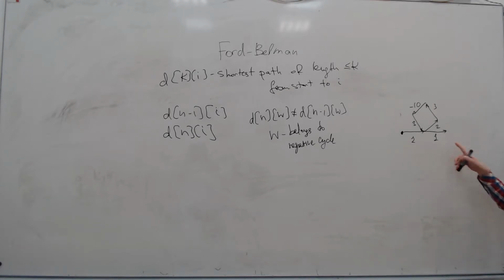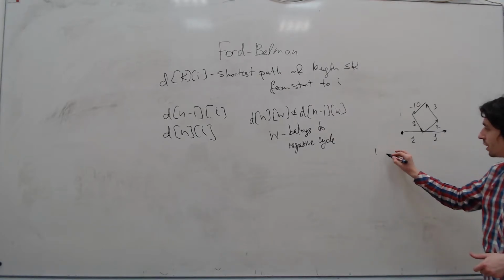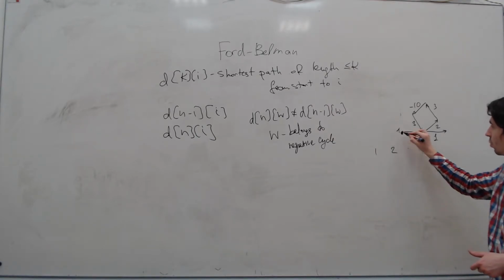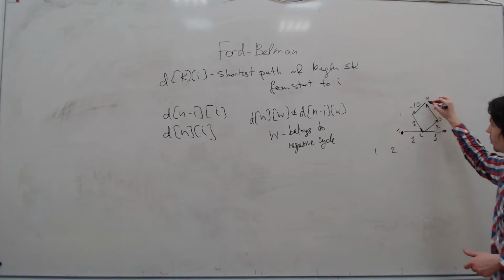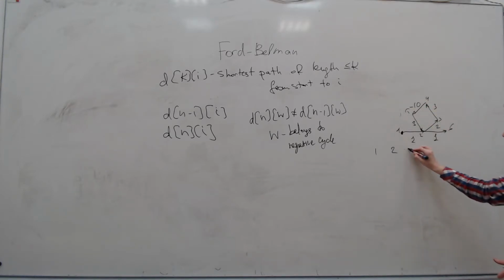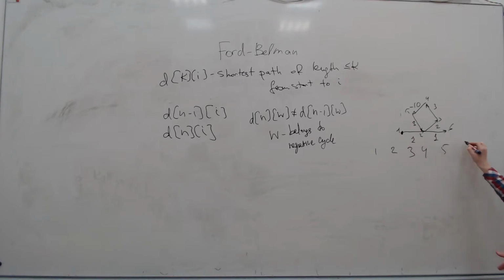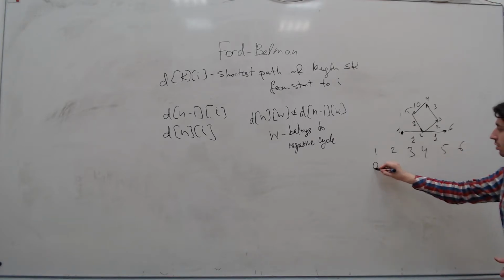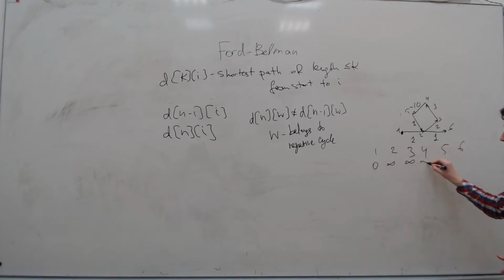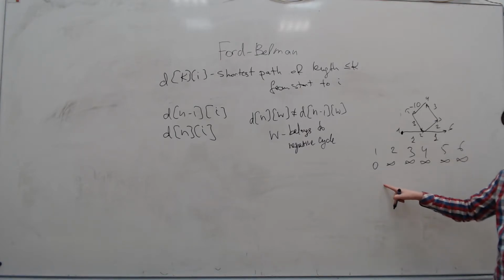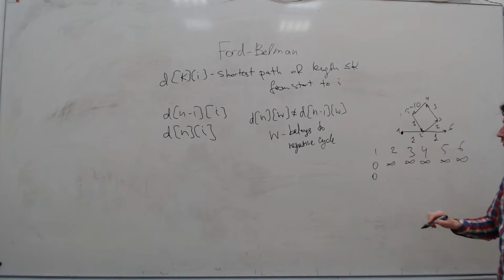So let us see for this example. So we have vertices 1, 2, 3, 4, 5, 6. We started from 0, infinity, infinity, infinity, infinity, infinity. Then we copy from the previous array. We found 0.